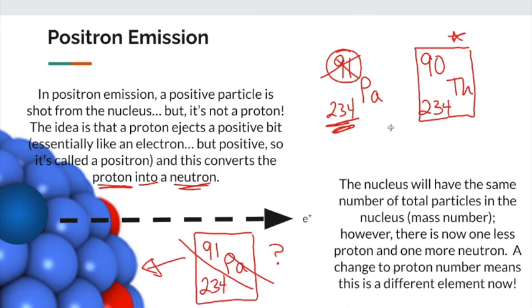Okay, those are all four kinds of radiation types and what they do to the nucleus of an atom. Pretty cool when we tie it all the way back to the beginning there with alchemy, this idea of somehow changing one nucleus into another, changing one element into something totally different. And it happens all the time with radiation and radioactivity.